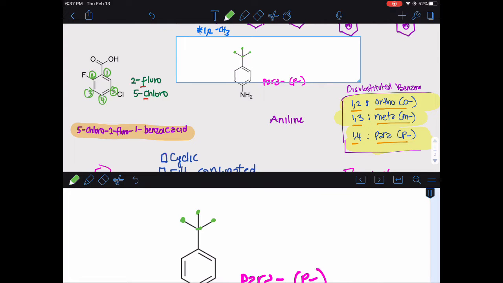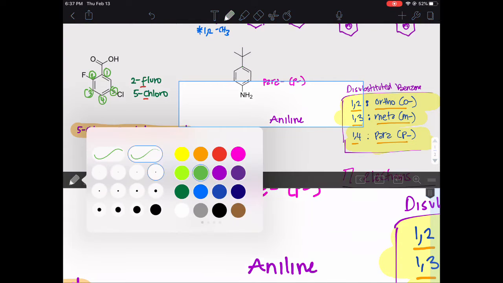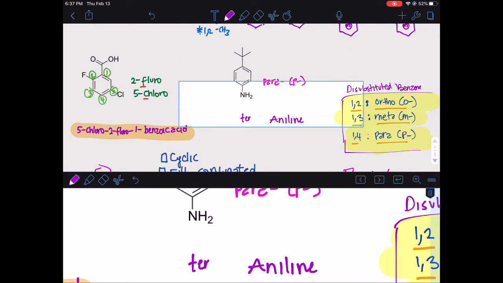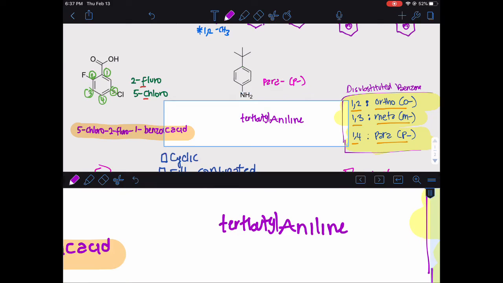Connected to the benzene, and the carbon that's directly connected to the benzene is tertiary, okay? So that's a tert-butyl. So we're going to put butyl right next to that aniline. Okay, and then remember our prefix is para, so you can put para or P. So I'll put P, standing for para. So that will be para-tert-butyl aniline. That is the name of this structure.